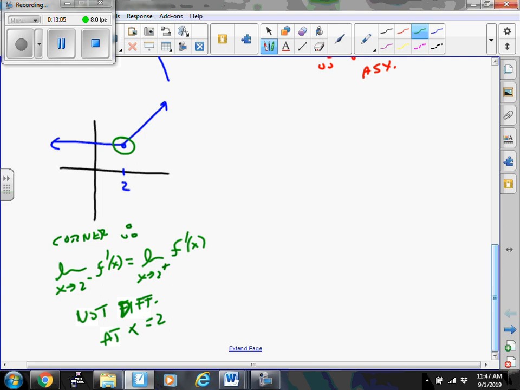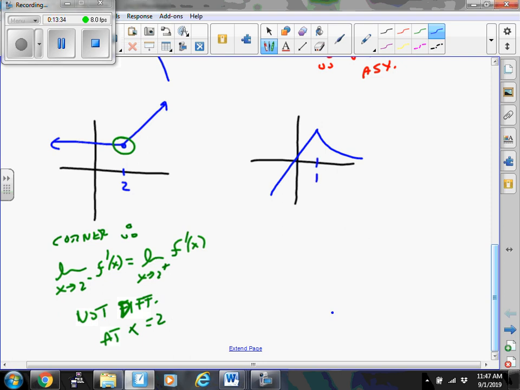Your next example is number 4 in the book. This one can be qualified as a corner because the one side is a line, and then you have what looks like a part of a parabola or something there. Again, this one, I'm sorry, this is at 1.